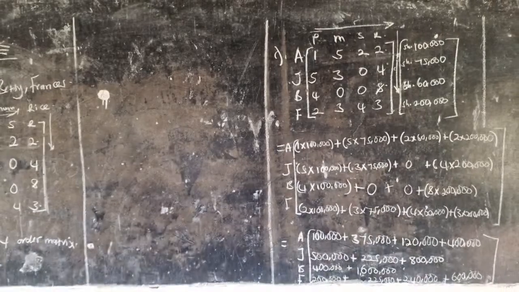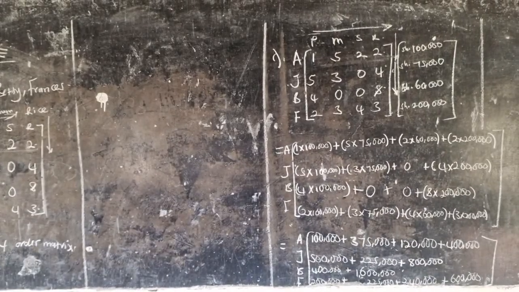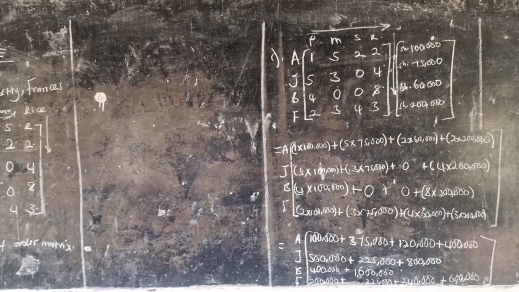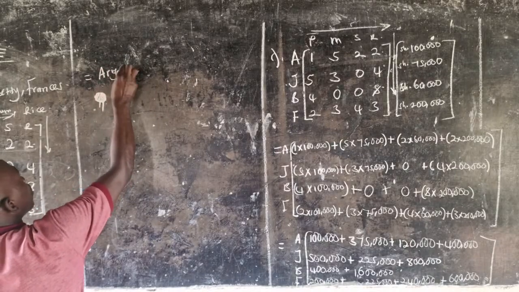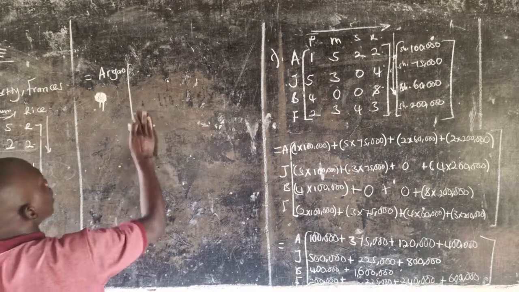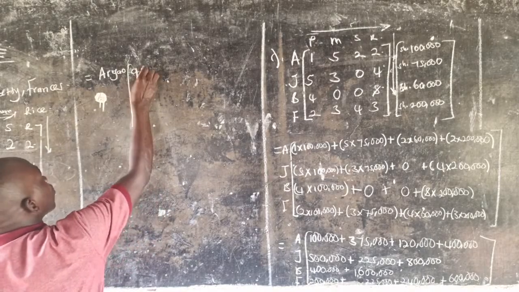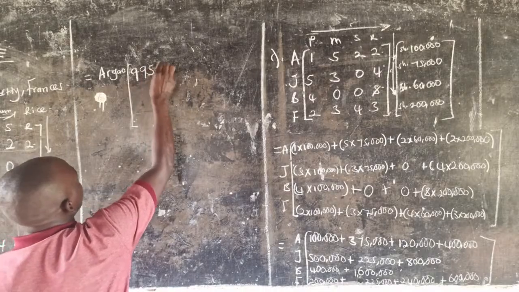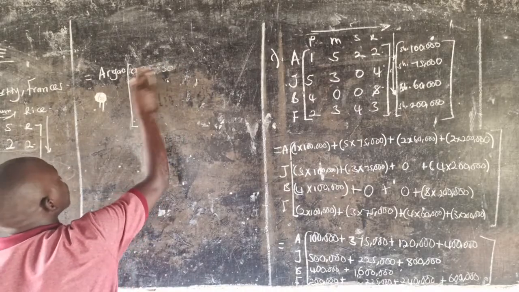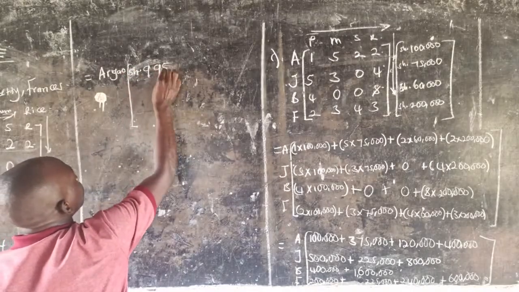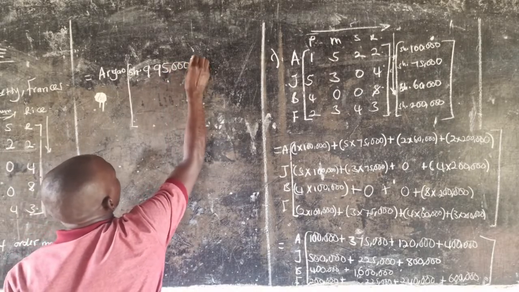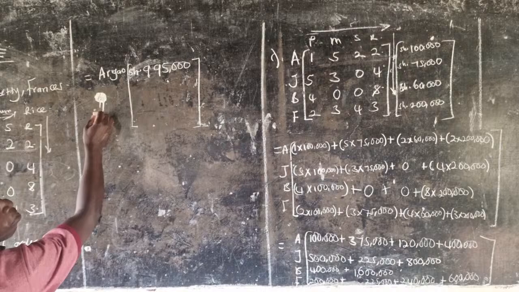So when you add, we have 100,000 plus 375 plus 120, then plus the 400,000, you realize that Arayo, this is for Arayo, she has 995,000, but remember these are shillings, so you can put shillings, 995,000. Then we have Josephine.